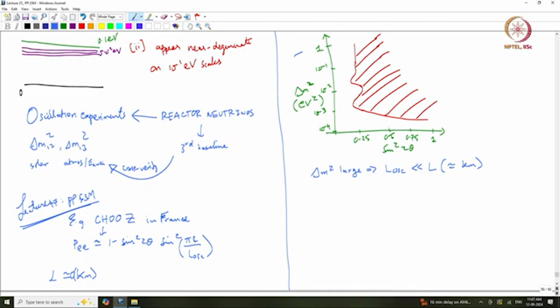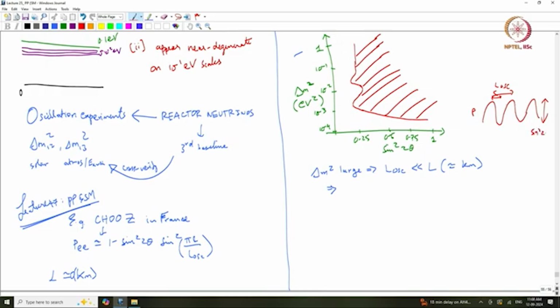Okay. If that is the case, then again remember, how does the oscillation probability go? It is like this, and that is the oscillation length, and that is the oscillation probability. So if your baseline is very small, if you only moved this much, then you have not really seen much conversion happening, and that would mean that you are as yet insensitive to the amplitude, and the amplitude is what?